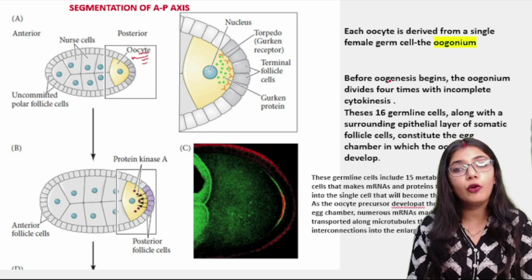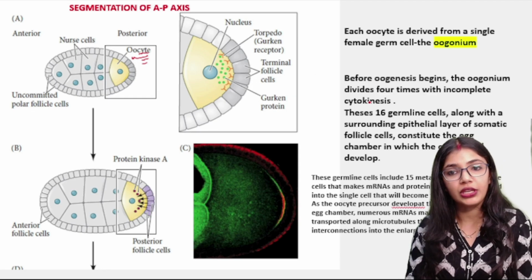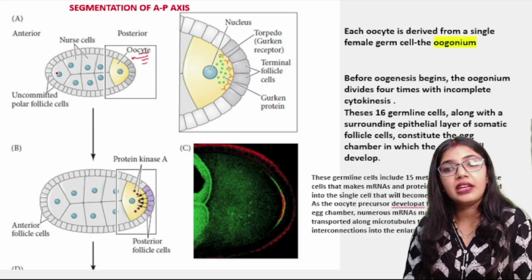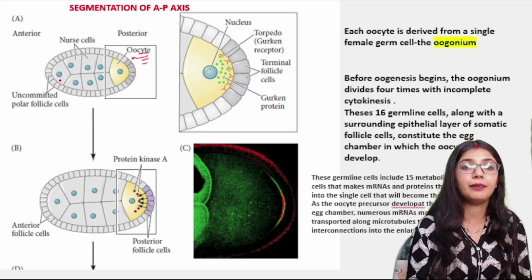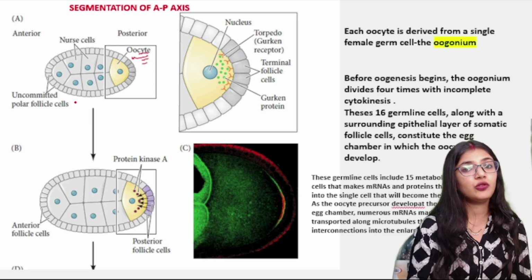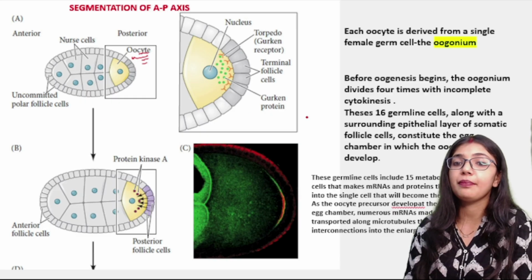Before oogenesis begins, the oogonium divides 4 times with incomplete cytokinesis. Here cytokinesis is not taking place, only karyokinesis.